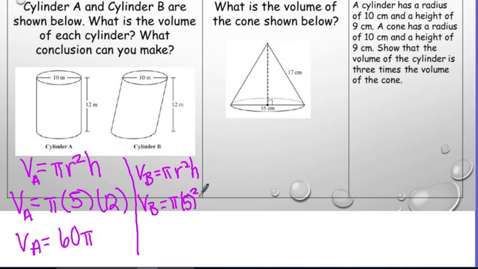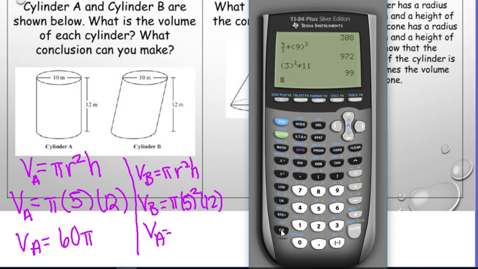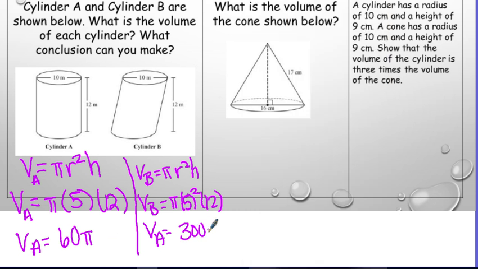Oh, I messed up. I'll go back to the other one in a second. Times 12. So the volume of this is equal to 25 times 12. So let me graph that. 300 pi.